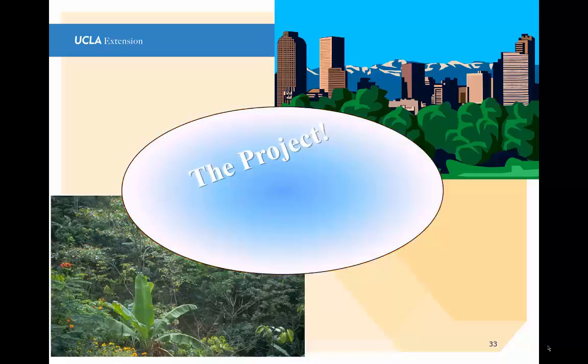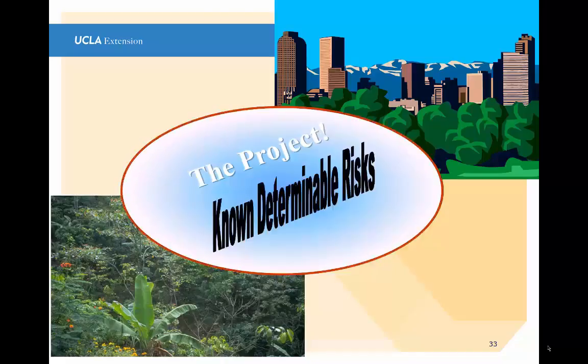And it has all the requirements, the specifications, the budget, the schedule, all the resources, everything we need to do the project. In the project, we can then go through it, and by using these various techniques, define and analyze and detect what we call known risks or known determinable risks.